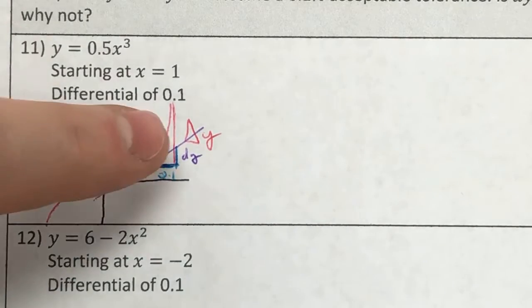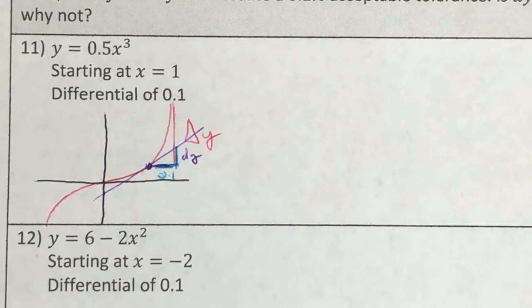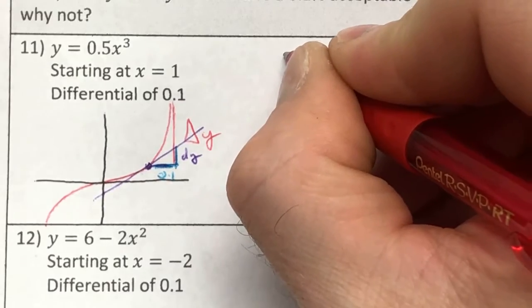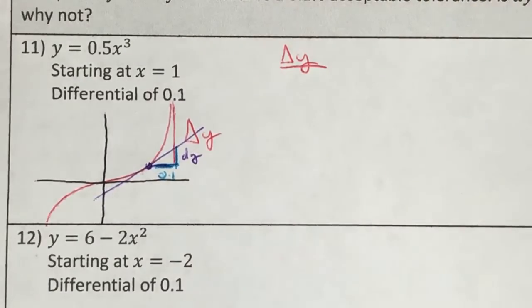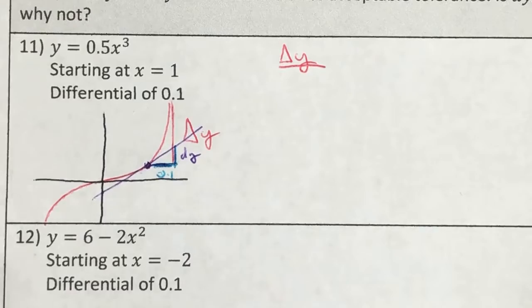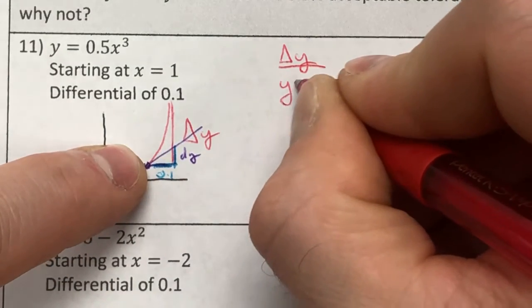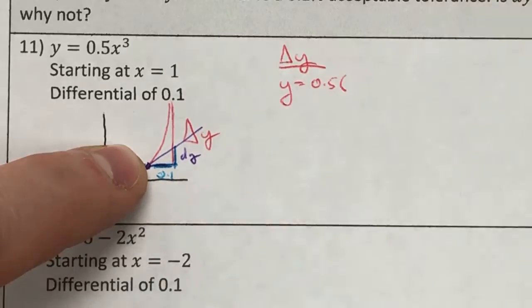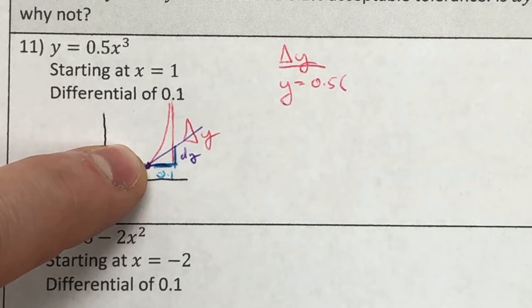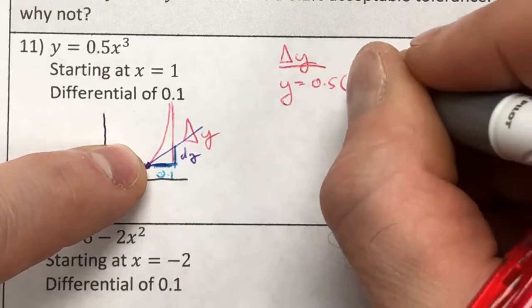So for the first one, I'm going to figure out the actual delta y. And let's keep this in red. So let's figure out delta y, which means I need to figure out two things. I need to figure out what is the height at my point of 1. So I'm going to say y is equal to 0.5 at my point of 1. Let's plug this in black.